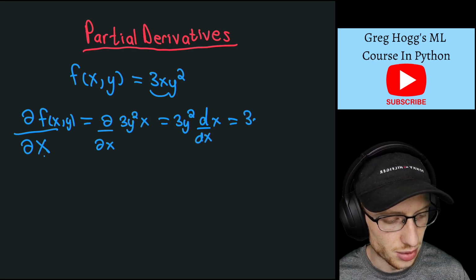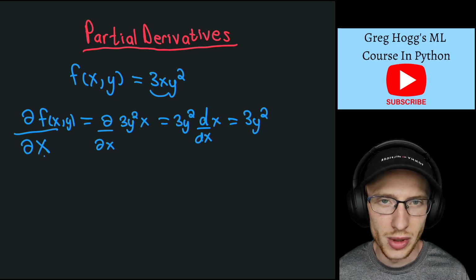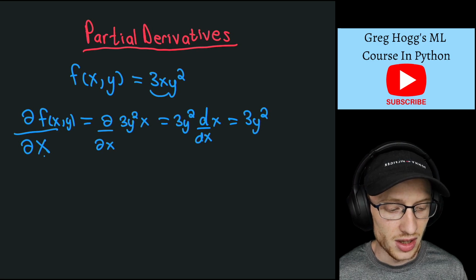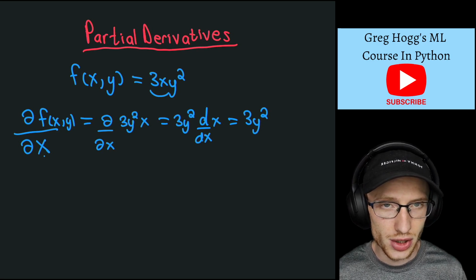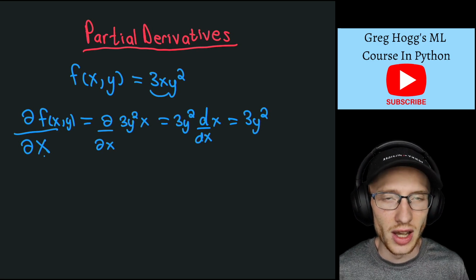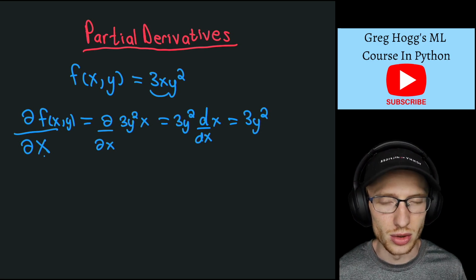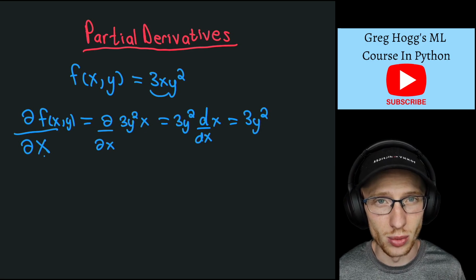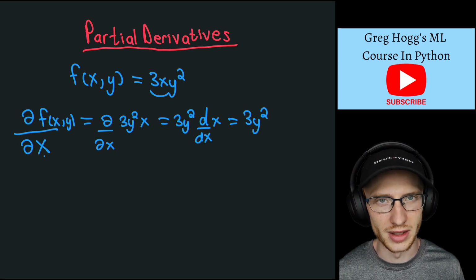And so this is equal to 3y squared. Meaning that if we tweak x just a little bit, then the change with respect to x is 3y squared. If you tweak x just a tiny little bit, your function is going to increase by 3y squared, whatever y is.